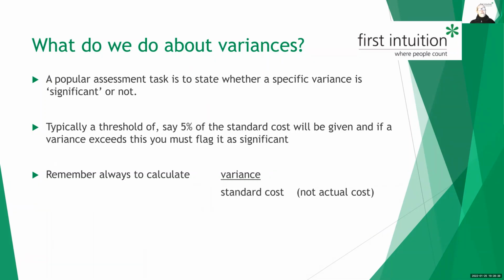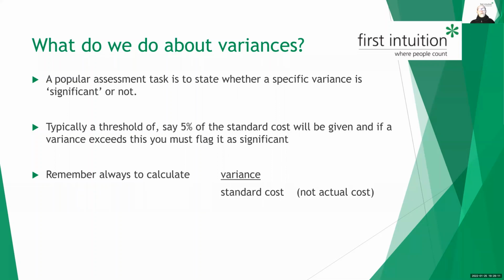Popular error, make sure you always calculate variance divided by the standard cost, not the actual. So if something should be 10,000, the variance is 500, so that is 5% of 10,000.